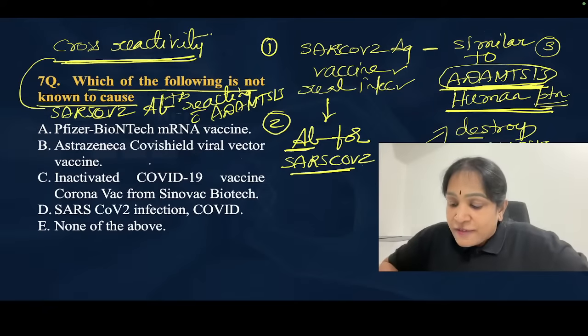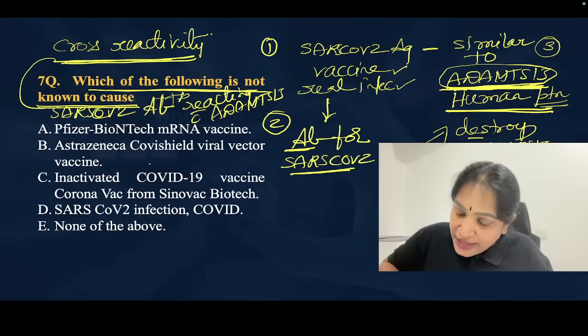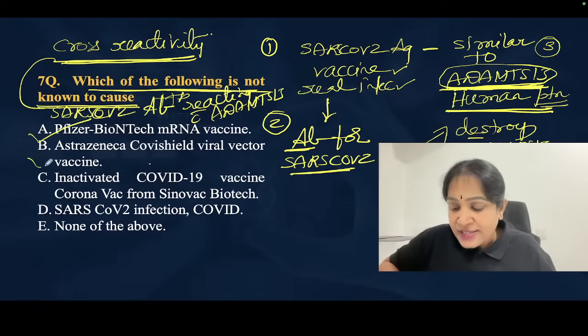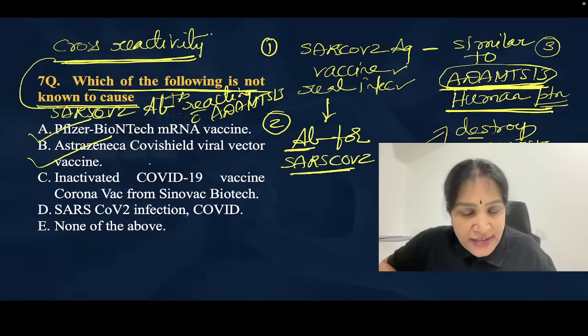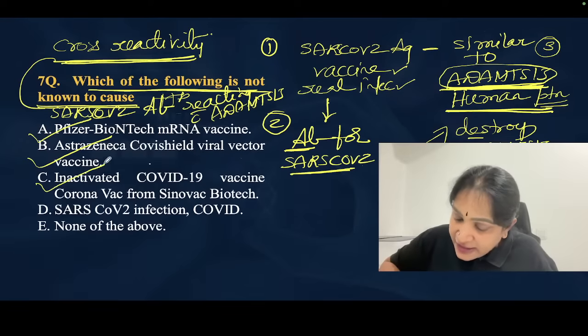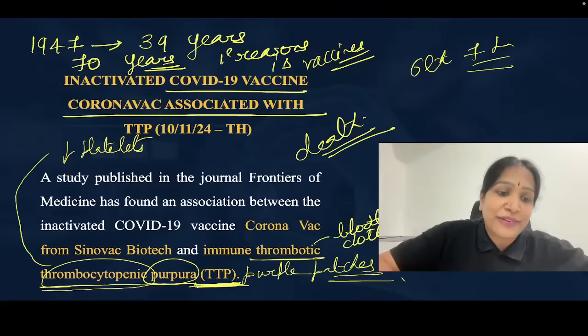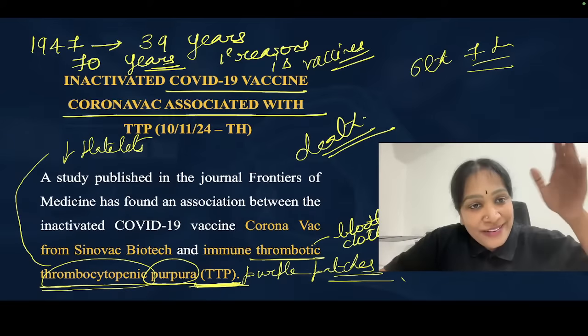Okay. Which of the following is not known to cause the TTP? Okay. Pfizer BioNTech mRNA vaccine, it will cause TTP. AstraZeneca's Covishield vaccine, that is also known to cause TTP. Inactivated vaccine called CoronaVac. Actually, the news is about that. I think we already forgot the news.